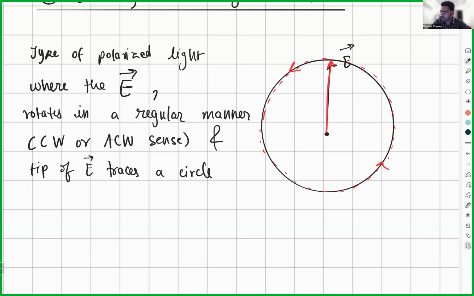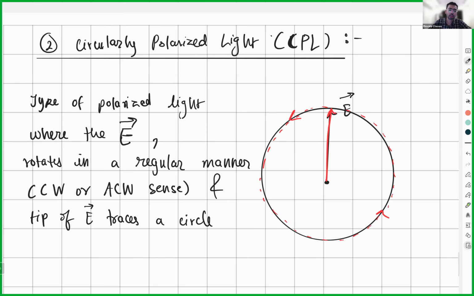Now, the circularly polarized light has a very distinguished property. If suppose this electric field vector is rotating as the time is passing, it is also progressing along the wave propagation direction. But let us neglect that forward progression and say that it is lying along the same plane, just for imagination purposes.